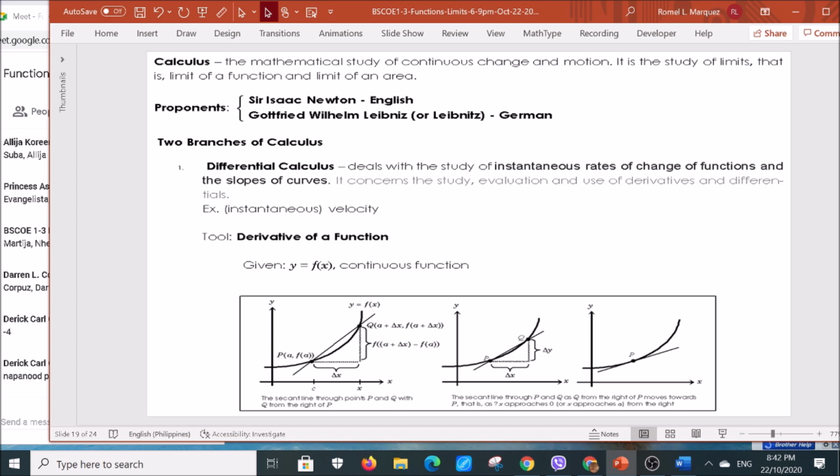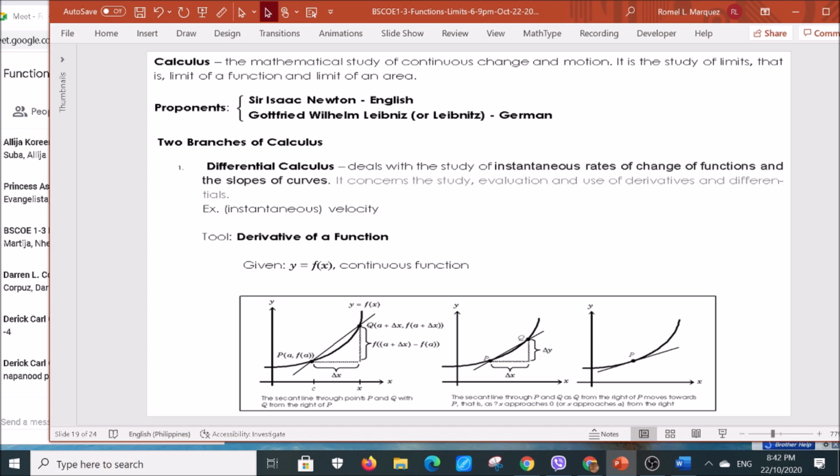There are two people behind calculus, Sir Isaac Newton and Gottfried Wilhelm Leibniz. Some say it one way, some another; Americans say it one way, but what I know, the German pronunciation is different.